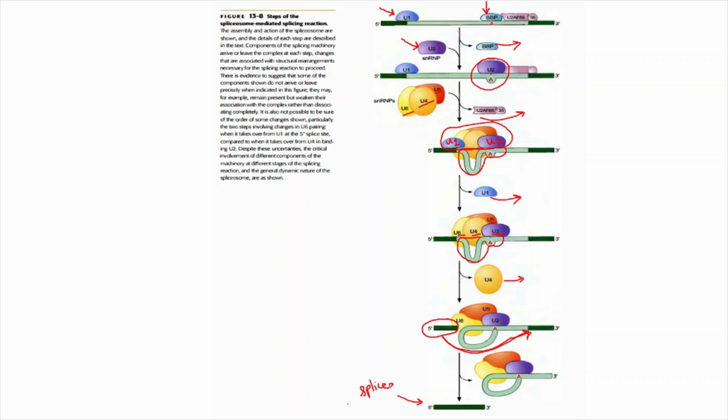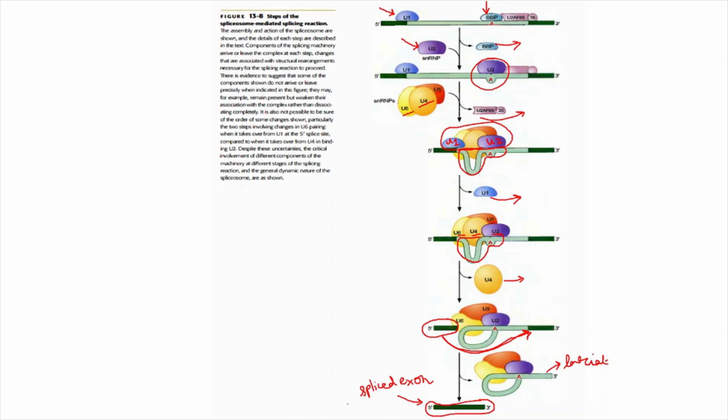This is the spliced exon where the two exons have been joined together by means of phosphodiester bond formation. So this entire mRNA that is released, all the regions are coding regions, and the intron, the non-coding region, is released in the form of a lariat along with the three proteins which are U2, U5 and U6.